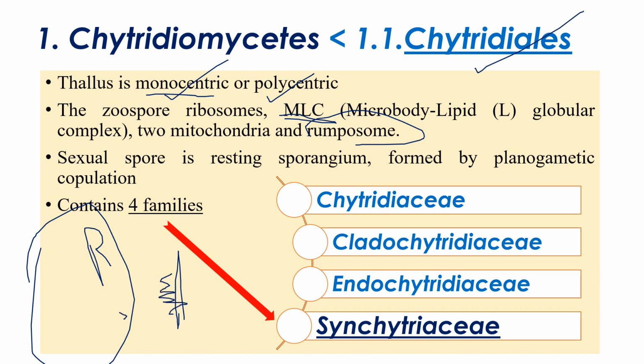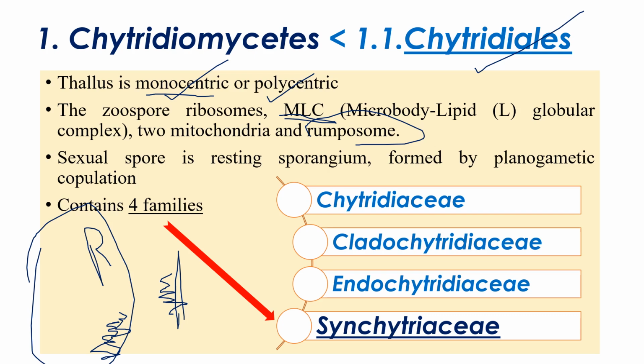It lies in one part of the flagellum, where microtubules get attached. Generally the rumposome is a tooth-like or honeycomb-like structure that we can observe inside the flagellum. That is an important point.